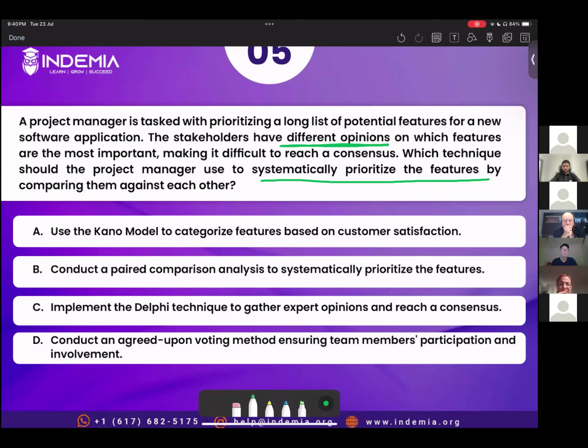All right, Anton, you have chosen option D. Yeah, I have also chosen option D because we don't really know in this case how they want to prioritize, based on customer satisfaction using the Kano model, or whether they have some other factors in mind.